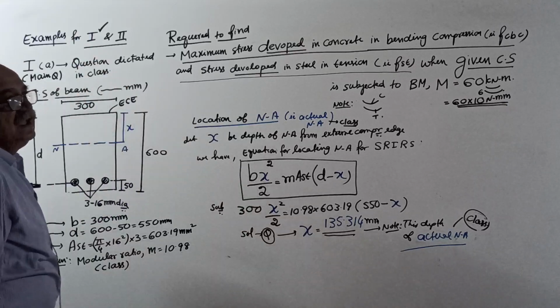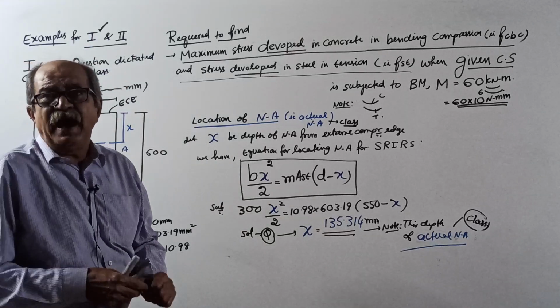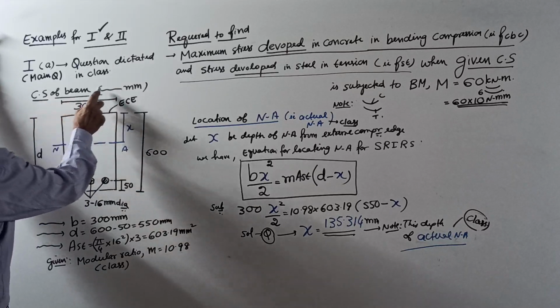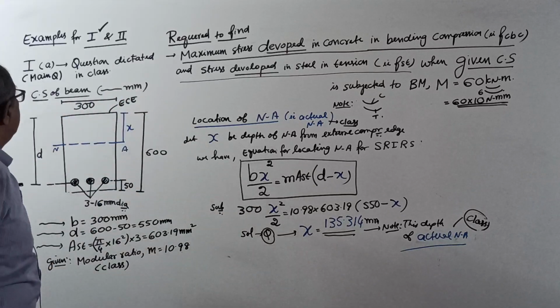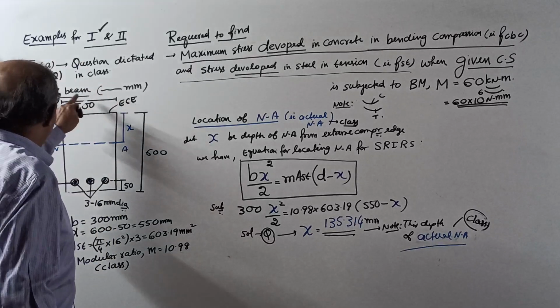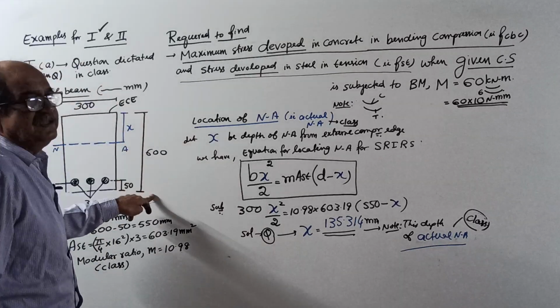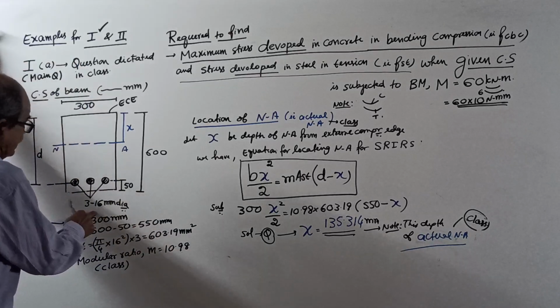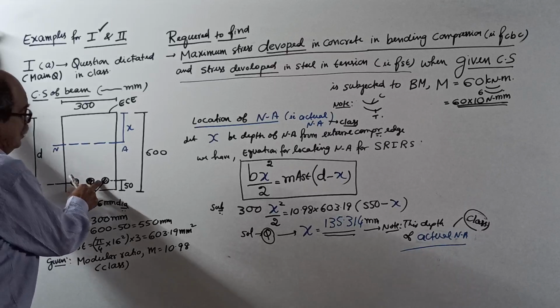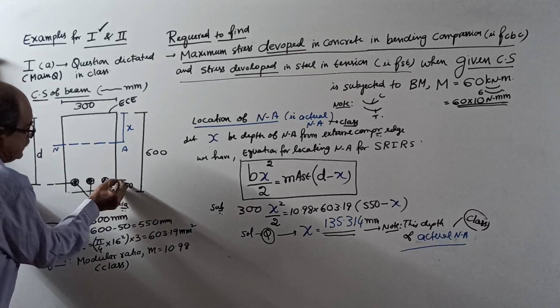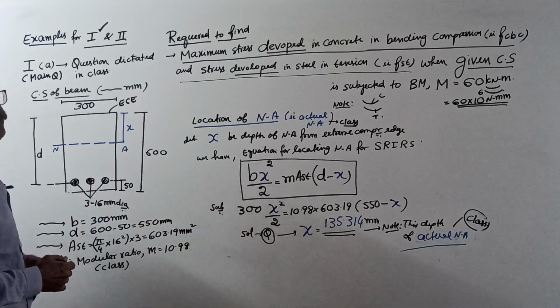See the question. A rectangular section of an RC beam, 300 millimeter, cross section of beam in millimeter. Now write the question: A rectangular section of an RC beam of width 300 millimeter and overall depth 600 millimeter has 3 bars of 16 mm diameter in the tension zone at an effective cover, that is from the extreme tension edge to the center of steel, of 50 mm.